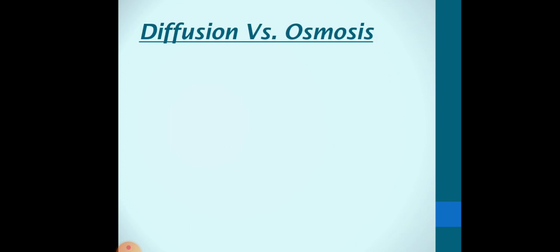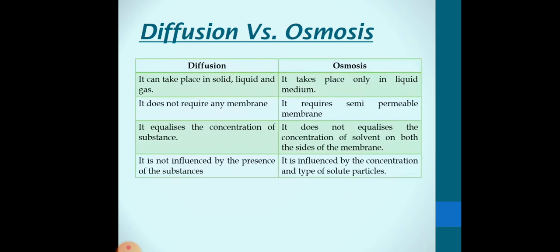Next, let us try to understand the difference between diffusion and osmosis. So diffusion can take place in solid, liquid and gas. Osmosis takes place only in liquid medium. In case of diffusion, it does not require any membrane, whereas in osmosis we need a semi-permeable membrane. In case of diffusion, it equalizes the concentration of the substance.